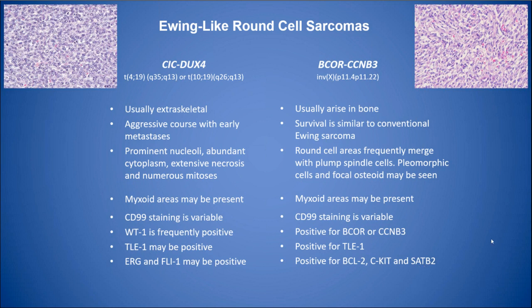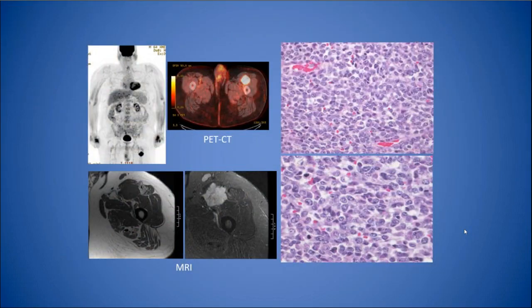You may fall into the trap of calling this a small cell osteosarcoma. So it is important to always go for the genetic testing. The treatment of BCOR-CCNB3 as well as CIC-DUX4 tumors so far is with the same protocols as for Ewing sarcoma, and the responses are variable.